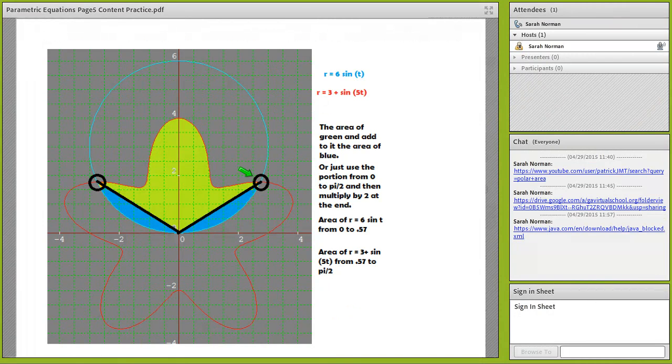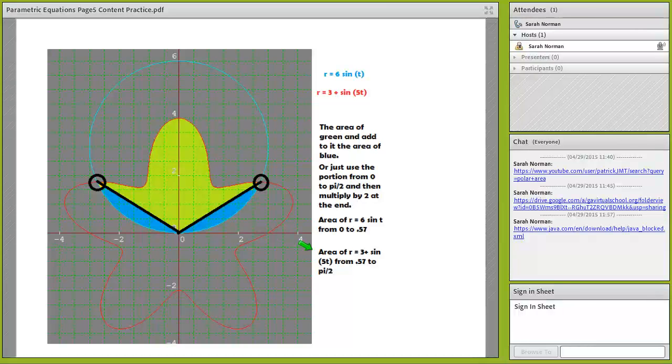So I can use the integral of 1/2 of the function squared, from 0 to 0.57. And the circle, again, was r equals sine of t. So I can do the area of r equals sine of t from 0 to 0.57, and that will give me the shaded region in blue.